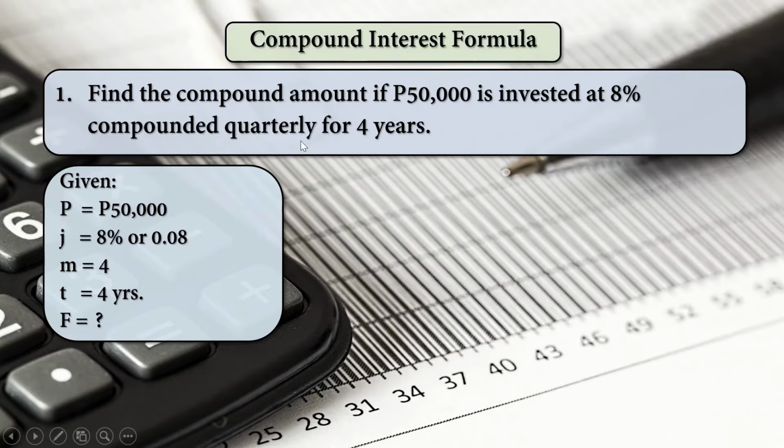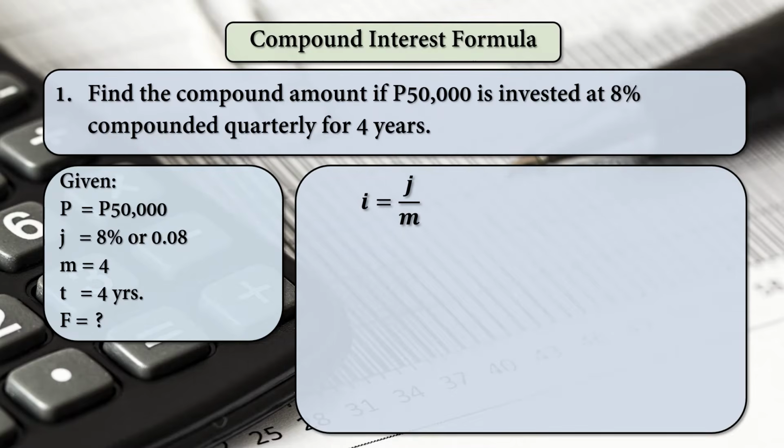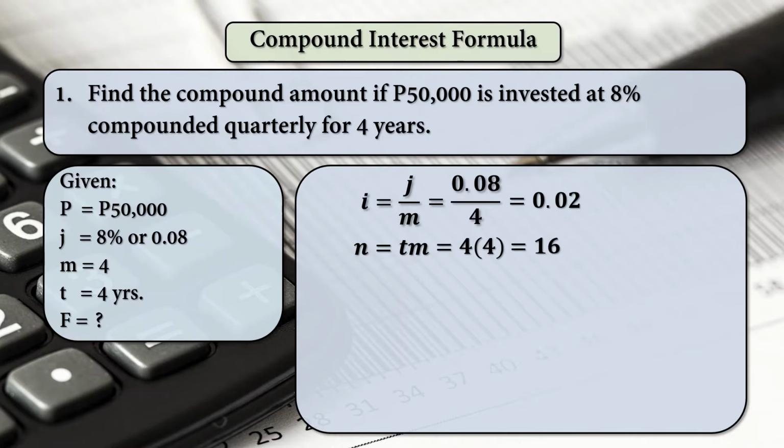Compounded quarterly, so our m is equal to 4 for 4 years. So our t is equal to 4 years. So first, we are going to find for our i, that is equal to j over m. So our j is 8% or 0.08 divided by 4, that is equal to 0.02. Finding for n is equal to t times m. 4 times 4 is equal to 16.